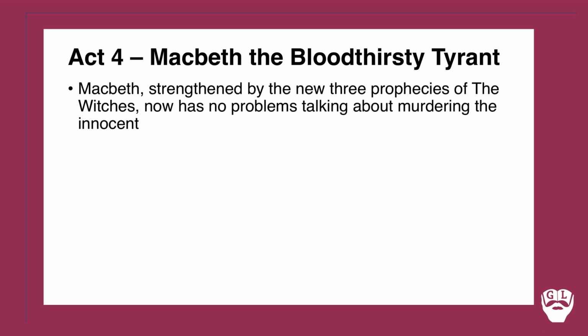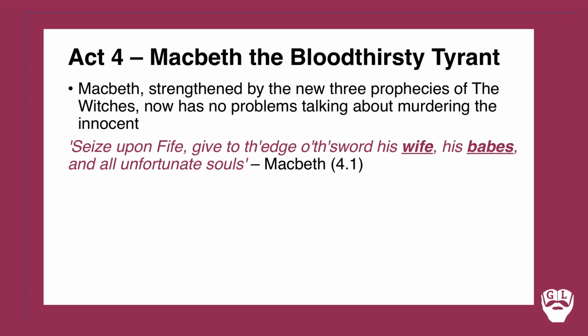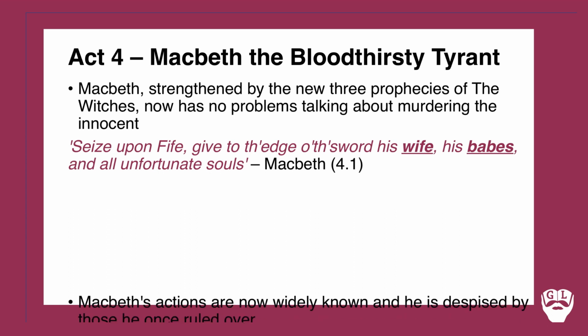When he mentions in Act 4, Scene 1 to seize upon Fife and give to the edge of the sword his wife, his babes, and all unfortunate souls, we see here that Macbeth is relentless. Macbeth is utterly careless about those he kills, about mentioning here a wife, children. He's openly saying this to slaughter people in the way a bloodthirsty dictator would.